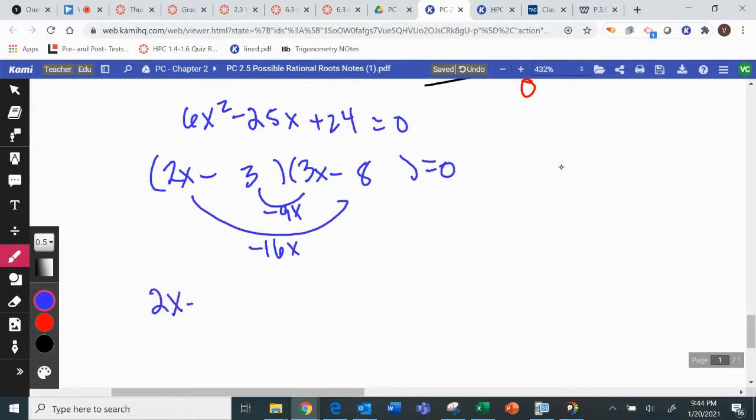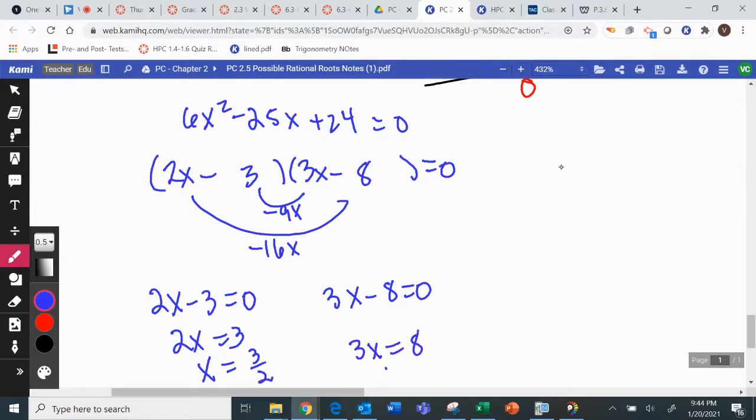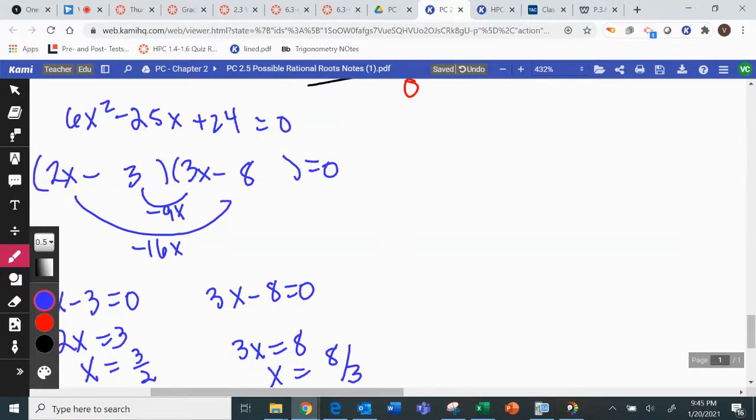So now we do 2x minus 3 equals 0. 3x minus 8 equals 0. We're going to find those zeros. And I'm going to put them in order. So here's my zeros. The first one was negative 5/2.